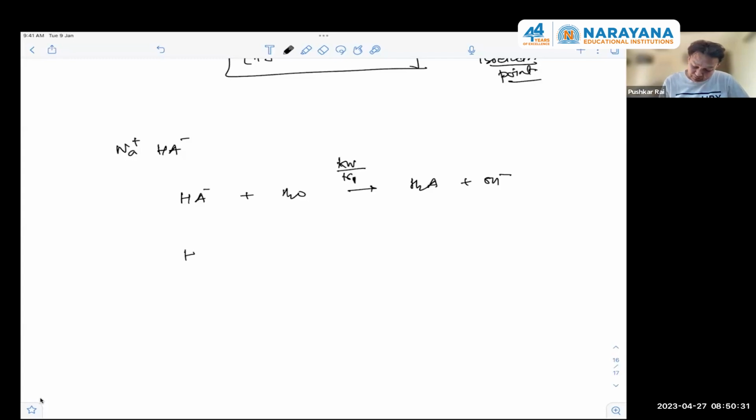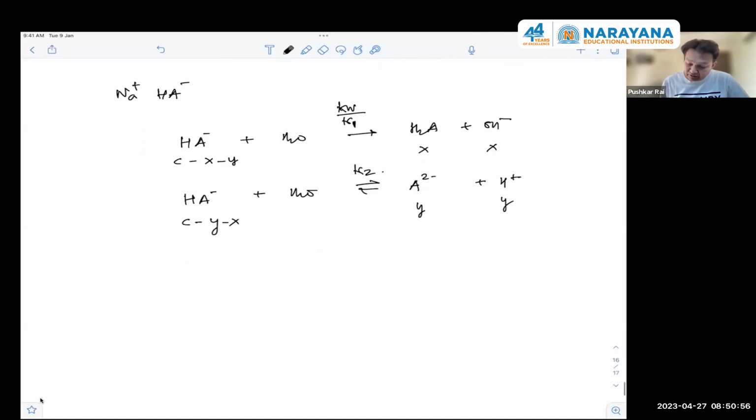And the other equilibrium is HA negative plus H2O breaking into A2 negative plus H plus, and the equilibrium constant is K2. C will become C minus X, that will become X and X. Simultaneous equilibrium, C will become C minus Y, minus X, Y, Y.